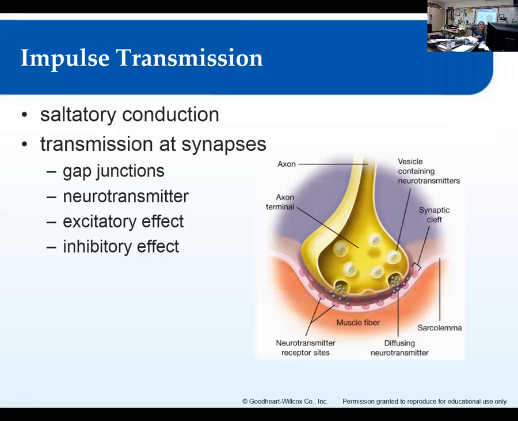It uses ATP in its process. It attaches to the outside of the cell. And then number 4, neurotransmitters diffuse across the synapse.